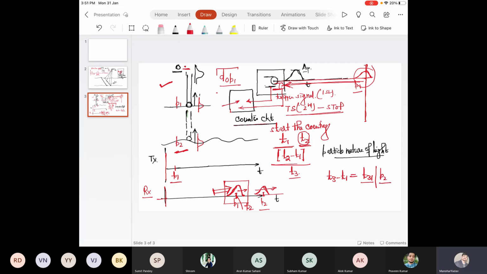So can I write it? The range, the distance DOP2 is equal to T31 into V. If I take it, V is equal to C. Is it correct?